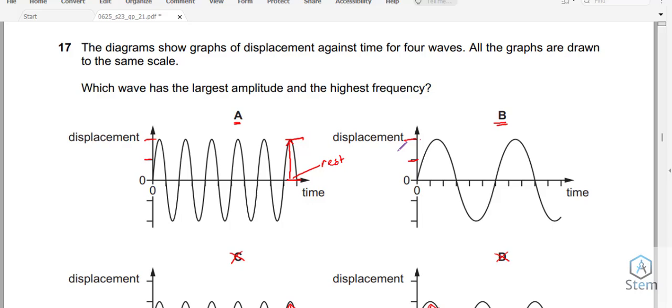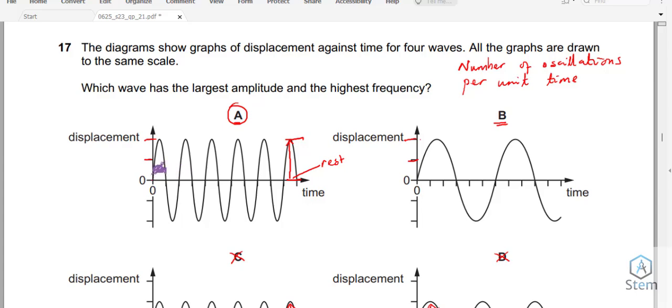Let's now consider the frequency. Frequency is defined as the number of oscillations per unit time. If we look at A and B, we can clearly see that A is doing more oscillations per given time compared to B. A is completing more oscillations per unit time.